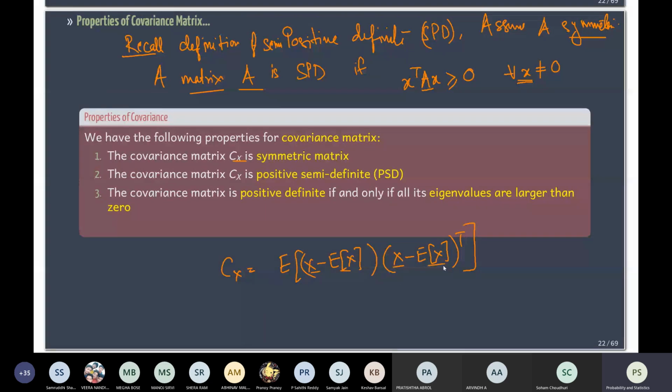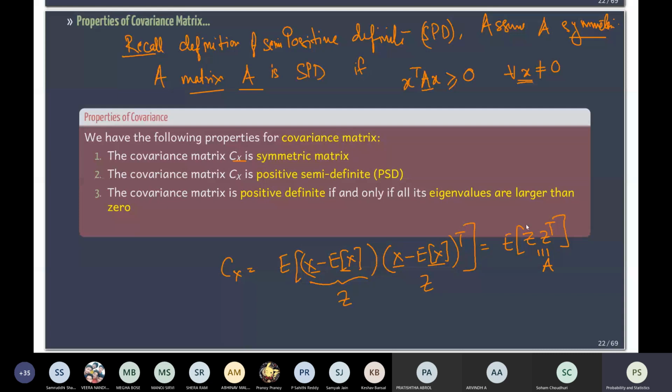So let us say I substitute this by some Z matrix, and this is also Z matrix, so this is of the form Z Z transpose, right? So this is like the expectation of Z Z transpose. Now what is the nature of this? This is a matrix. So let us define this to be the matrix A.